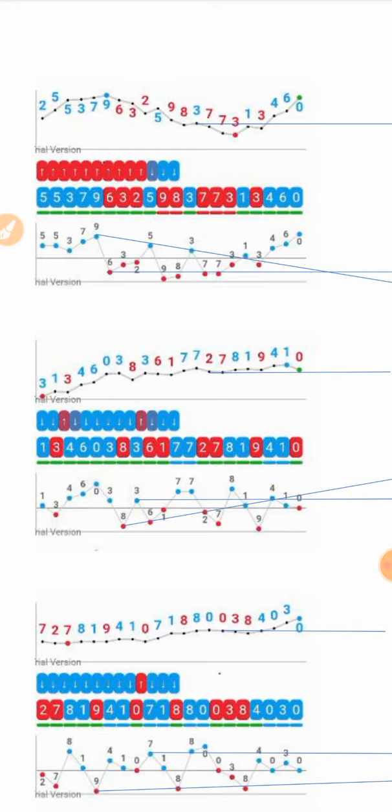At least if there's a 9, there must be an 8. If there's a 6, at least there must be a 5. If there's a 3, at least there must be a 2. If there's a 1, there must be a 2. I hope that makes sense.